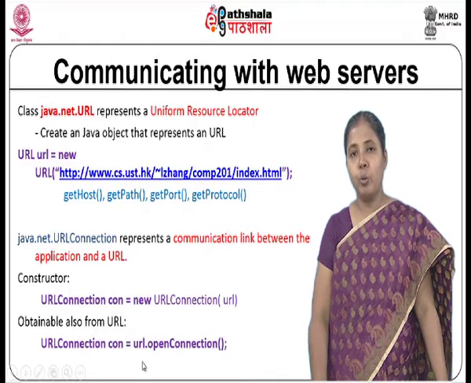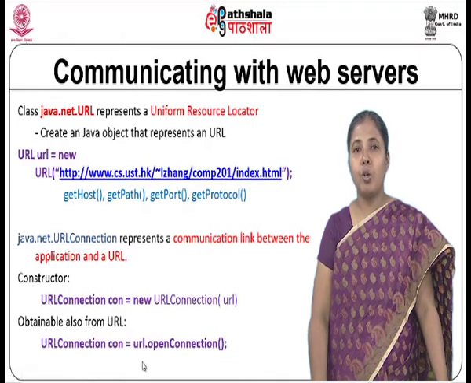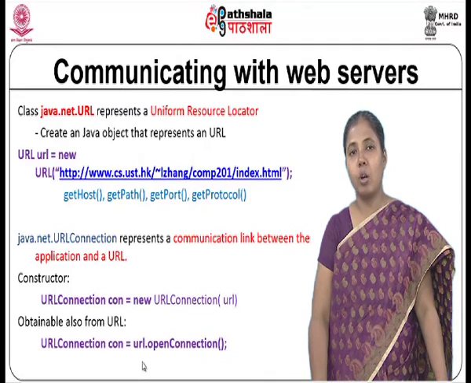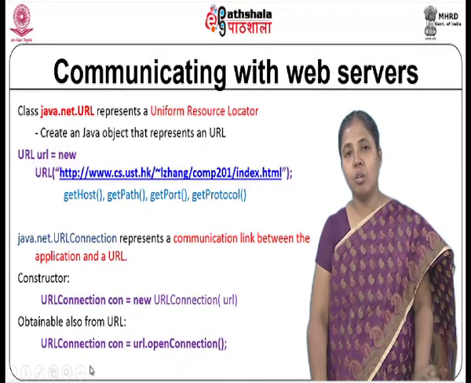You use the constructor of the URL class to create a URL object, and then use a method called openConnection, with which you can also create a URLConnection object. So, a URLConnection can be created either using the constructor of that class, or with the openConnection method of the URL class.